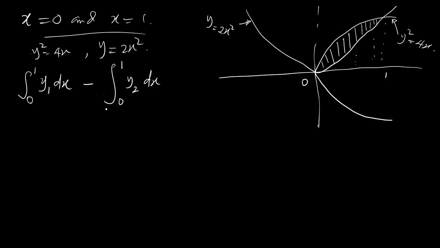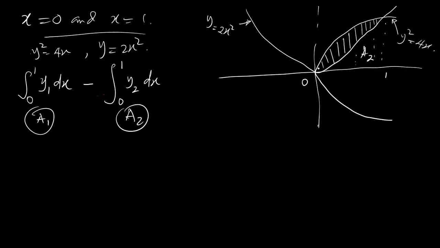The area, let me call this A1 and this is A2. Now, this area below this curve is A2, while this area below these curves here is the whole of this place.